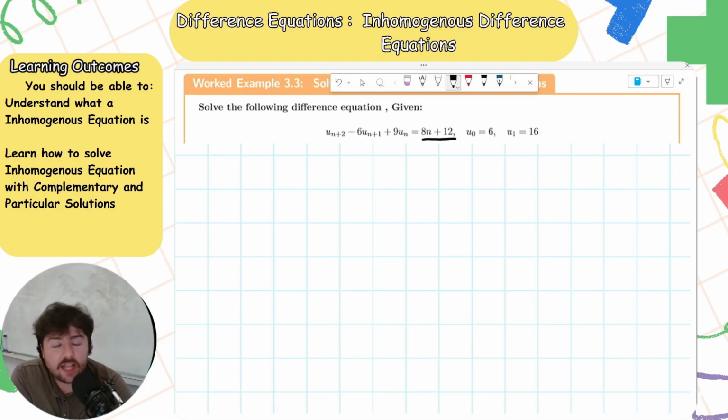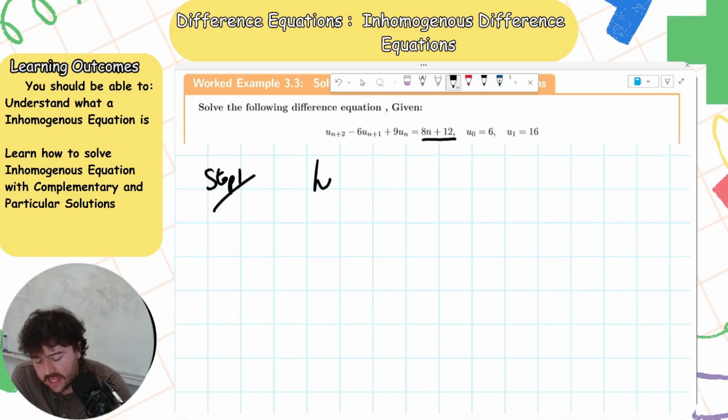So my right-hand side is what makes it inhomogeneous. So I'm going to say step 1: let u_n equal, finding my particular solution now. It's a linear equation, so u_n is going to be an plus b.